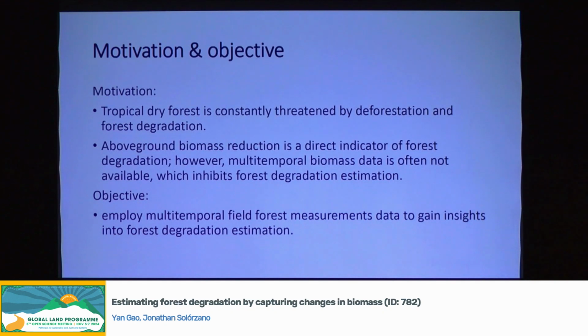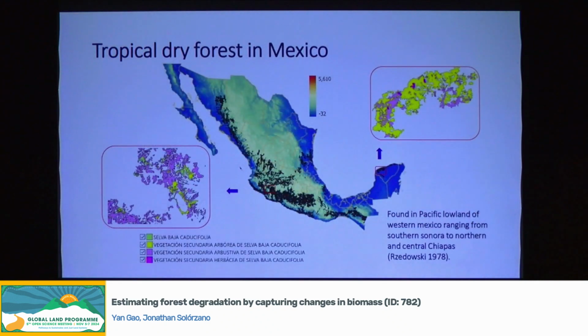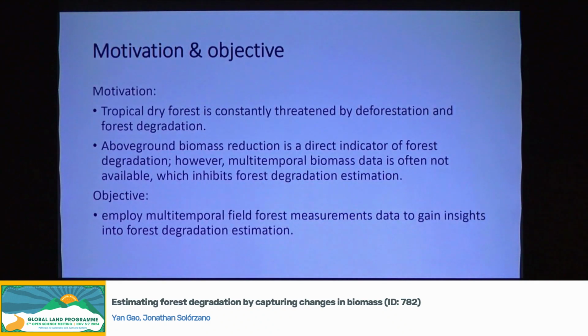However, multi-temporal biomass data is often not available, which hinders forest degradation estimation. So in this work, we try to use multi-temporal field forest measurements data to gain insights into forest degradation estimation.